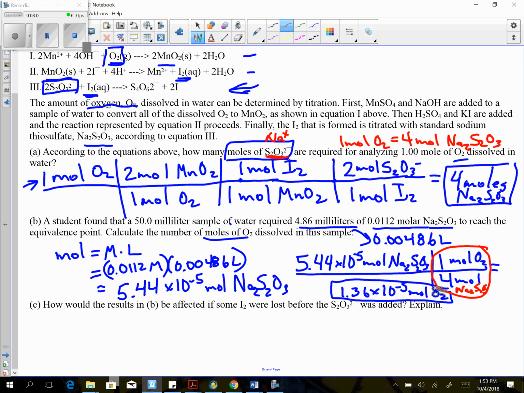Okay. So here's another question. It's one of those error analysis questions. If you were in the lab and you lost some of the I2, like it either spilled out or something happened where you lost some of the iodine in that reaction before you added the thiosulfate ion to react with it, what would happen to your results?